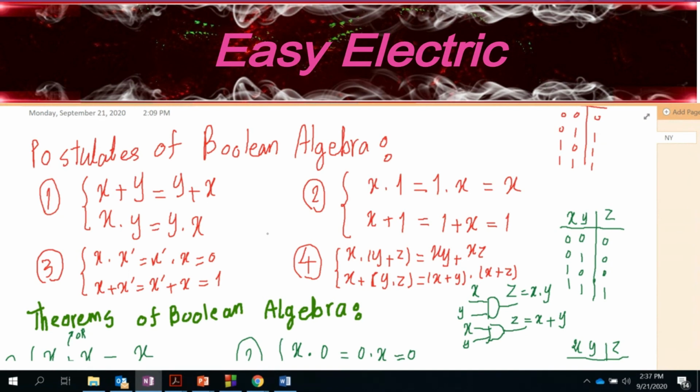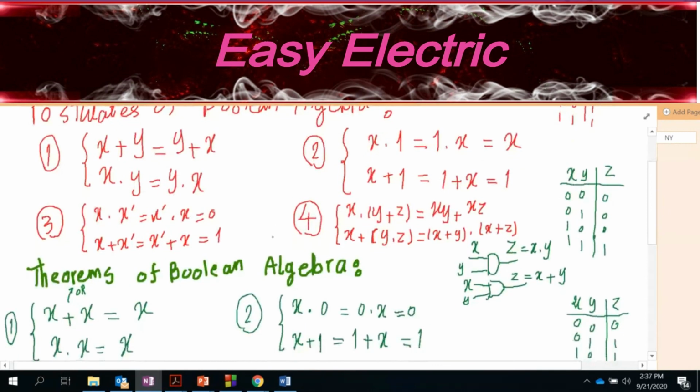Whenever you don't simplify the function and implement it, you probably need too many gates. But whenever you simplify it, you probably need fewer gates, and the circuit is exactly the same, doing the same thing, but using fewer gates. You will see that.